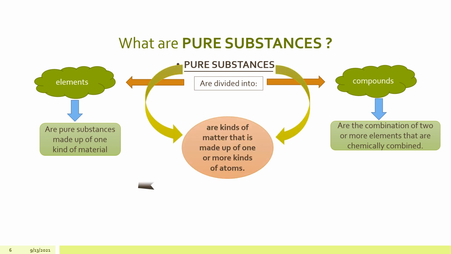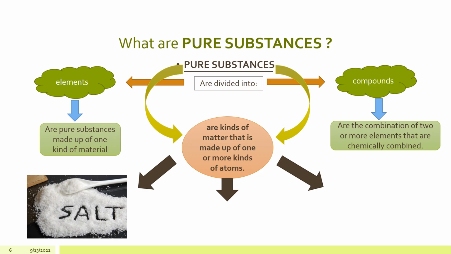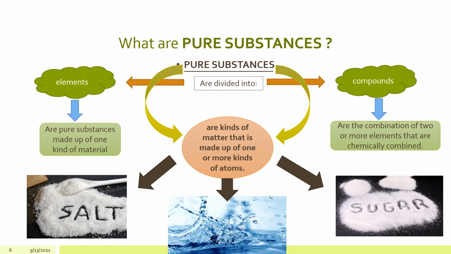Pure substances are kinds of matter that are made up of one or more kinds of atoms. Examples are salt, sugar, water.